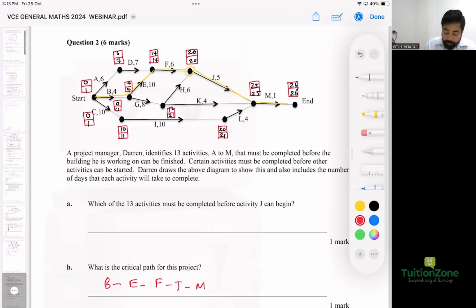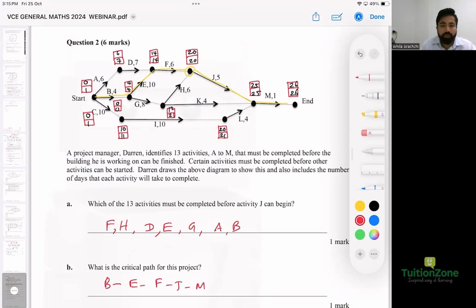To start the J, we need the F and the H, definitely. And then to start the F, we need the D and the E. To start the H, we need the G. And then what else do we need? We also need the A and B. Did you miss anything? 1, 2, 3, 4, how many? 7 in there.